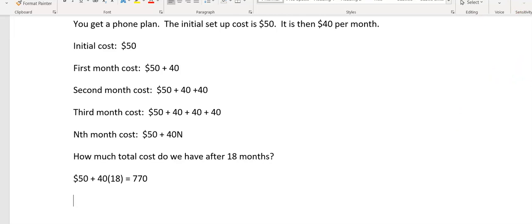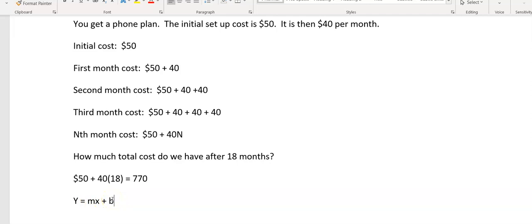And you might remember from algebra the formula y equals mx plus b, where the number being multiplied times x is the slope, and the number that's being added out to the side is the y-intercept.